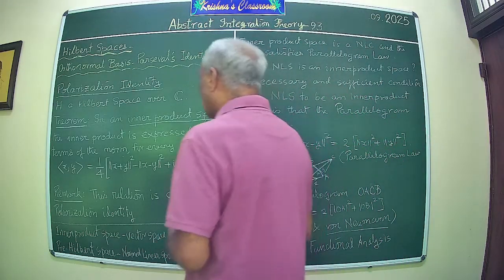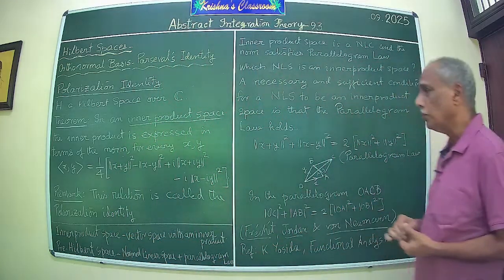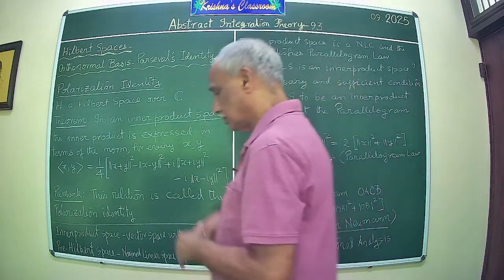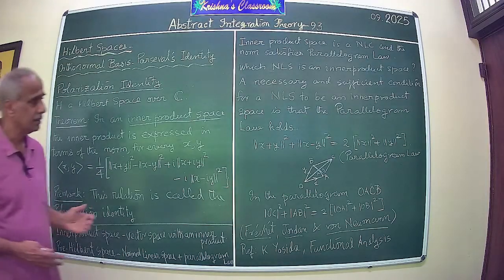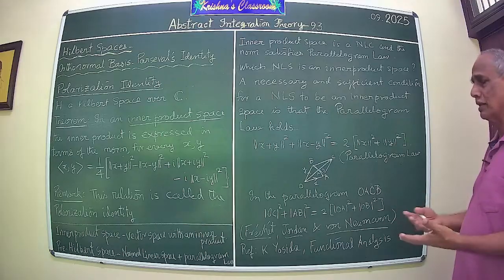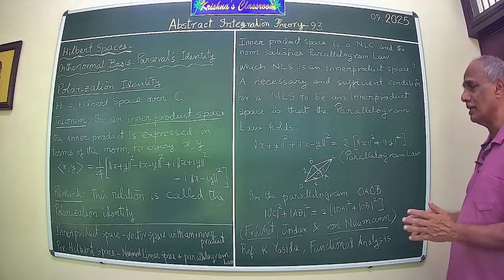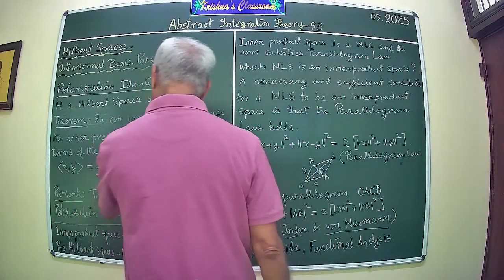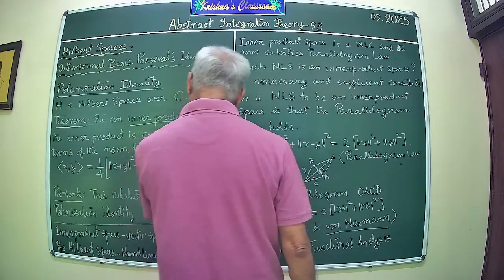Now, in this context, how do you proceed? We have to first cook up a possible inner product, and then verify that it is indeed an inner product. So how do you do that? You take this relation. Suppose you are in an inner product space.